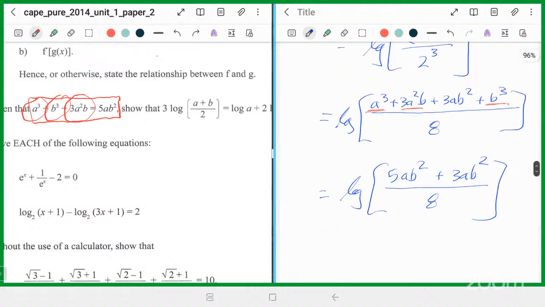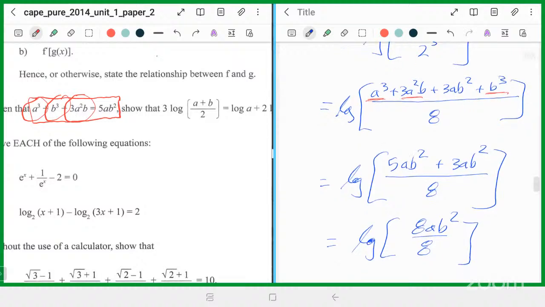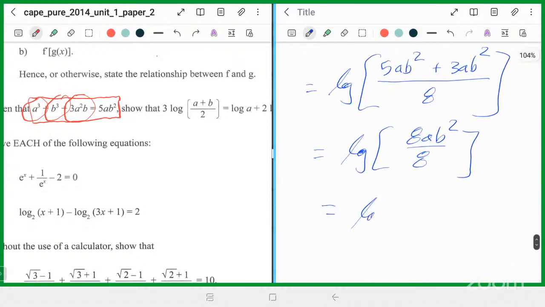So these are like terms. 5ab squared and 3ab squared becomes 8ab squared. So it becomes a log of 8ab squared over 8. So those 8s will cancel each other, and it works out to be the log of ab squared.